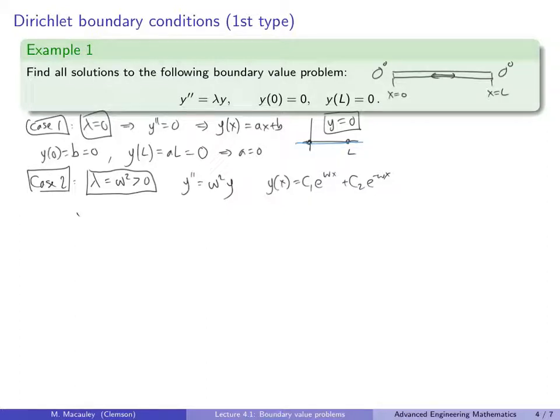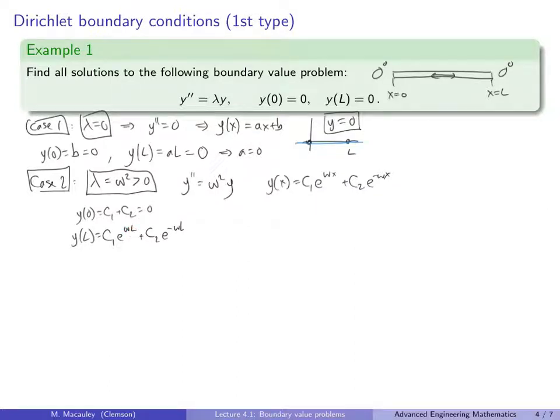So now if we plug in, y of 0 gives c1 plus c2 equals 0. And if we plug L in here, y of L equals c1 e to the omega L plus c2 e to the negative omega L. And omega L is just some positive number.